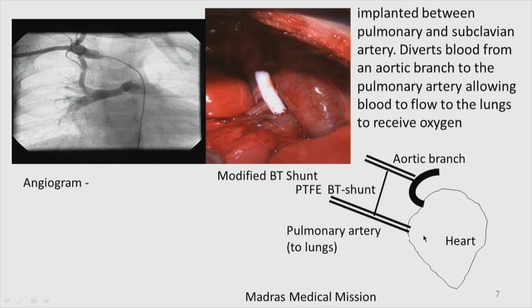This is the bad blood which goes to the lungs and gets oxygen, okay, and then it comes back to the heart, and later the blood is pumped to the aortic branch going to various parts of the body. This is going down and this is going up to the upper side of the body.